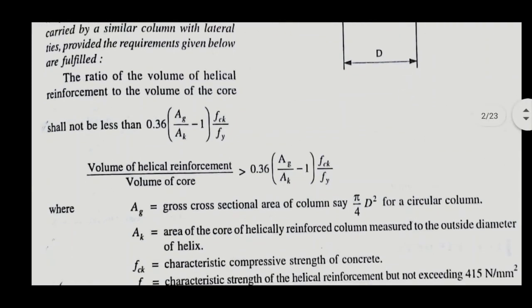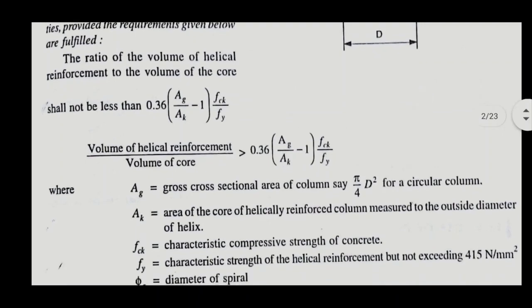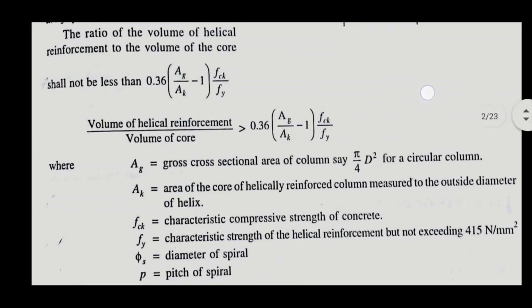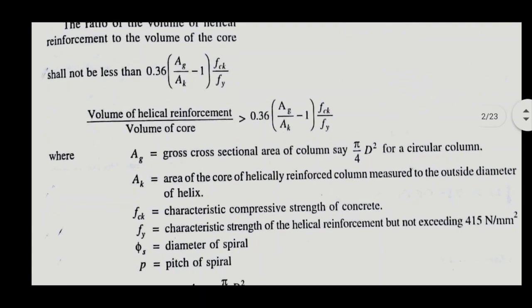Now Ag is the cross sectional area of column, so it will be pi by 4 into capital D square, that is whole diameter square for a circular column. Ak or Ac, whatever you want you can write, is the area of the core of the helically reinforced column measured to the outside diameter of the helix. So it is measured to the outside diameter.